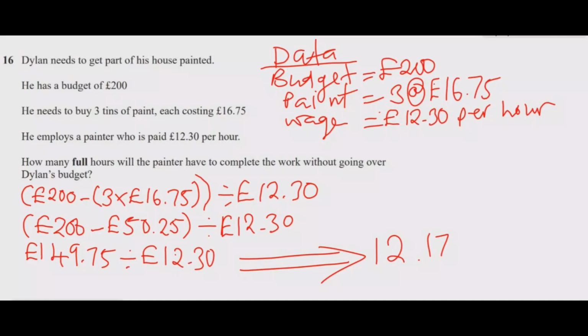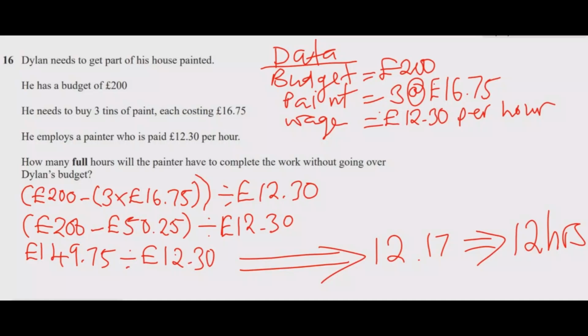So the hours the painter should work should be 12 hours or less. The question is, how many full hours will the painter have to complete the work without going over Dylan's budget? So the painter has to do the work within 12 hours.